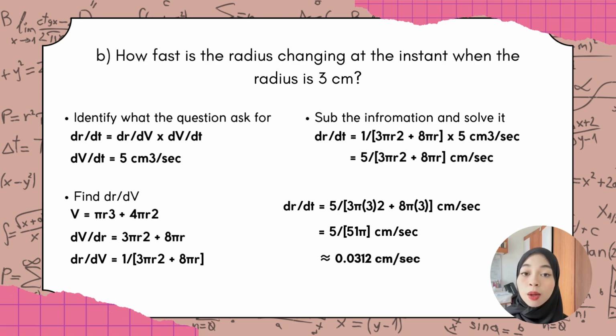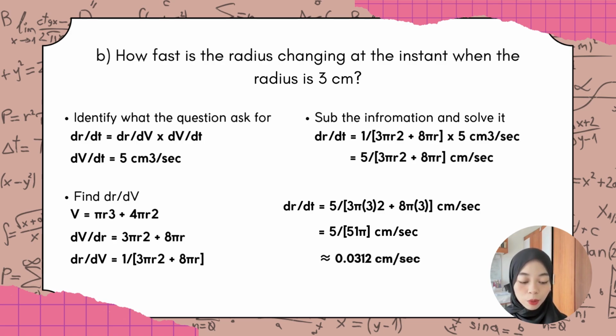So we're going to substitute all the information and solve it. We start with dr over dt. Fill in all the information we got. So it equals 5 over parenthesis 3 pi r2 plus 8 pi r parenthesis centimeter per second.